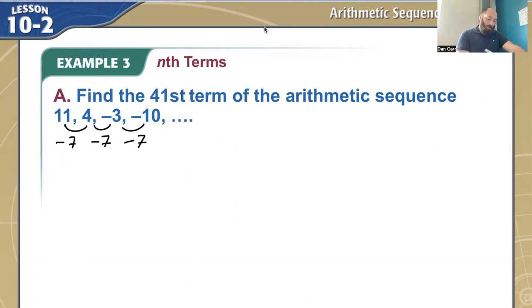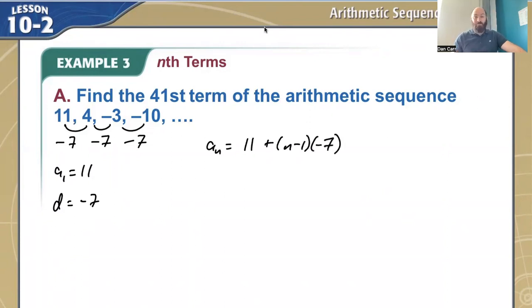and then we can just plug in 41 for our n. So again, we have a sub 1 is 11. Common difference is negative 7. So my sequence is equal to 11 plus n minus 1 times a negative 7. From here, we want the 41st term. So that is a sub 41. Now we're just going to plug in the 41 for n, and then we can calculate this out.